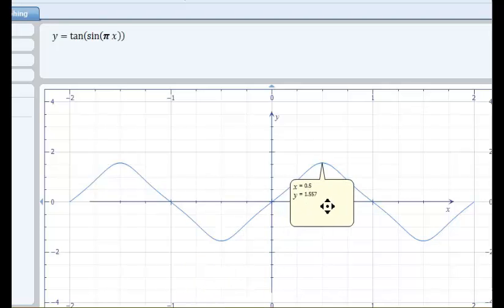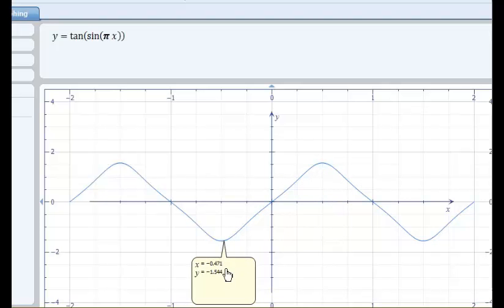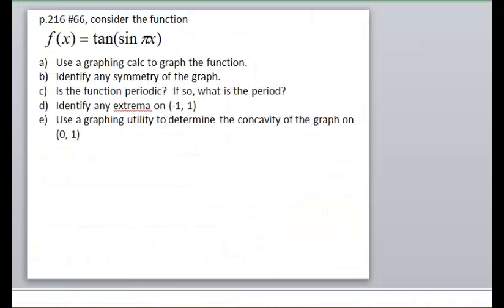So let's see, this should be 0.5 and 1.5, which it is. So it would be symmetric about the origin because (x, y) and (negative x, negative y) are both points on the graph all the way through.